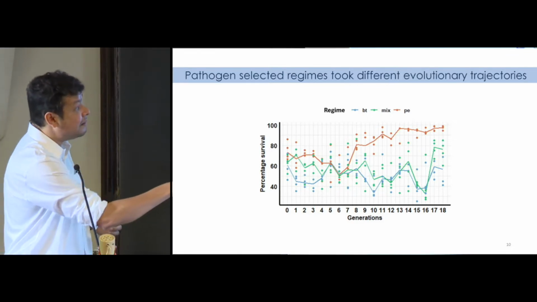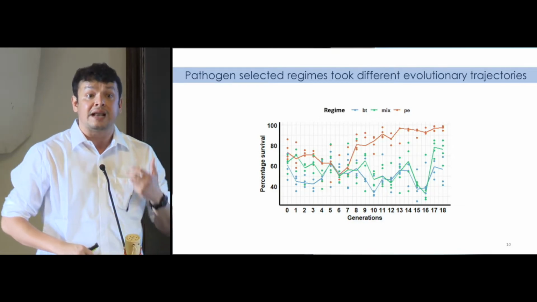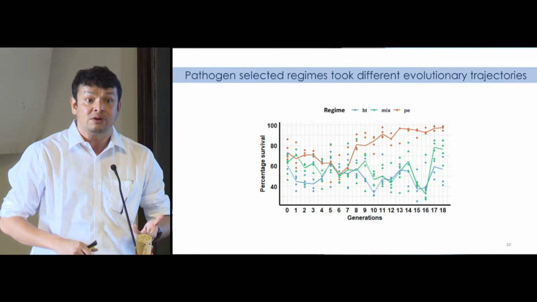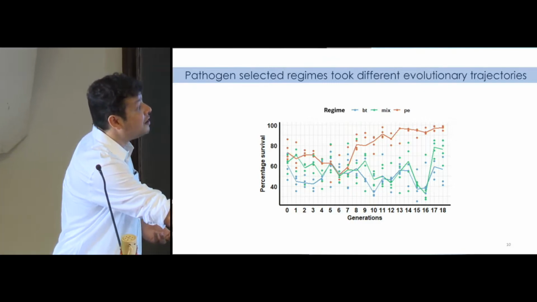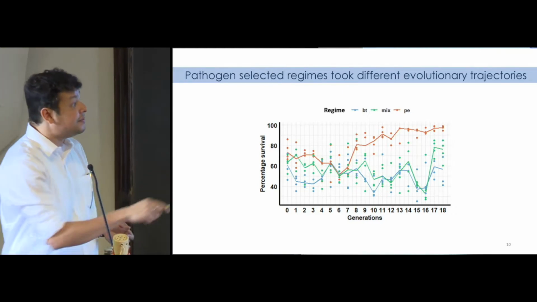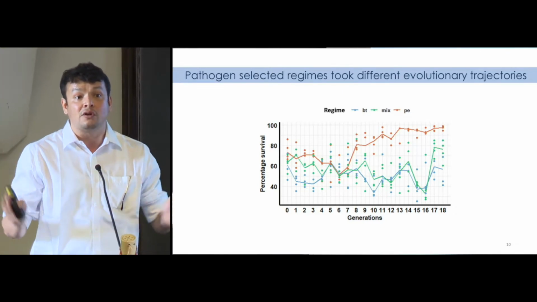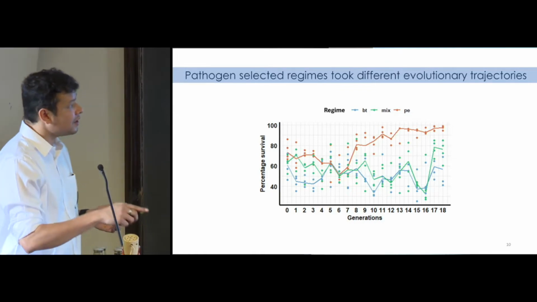This is an interesting part, because we deal with multiple infections quite a lot in the natural world. It looks like how our immune system evolves against a mixed infection can be fairly different from how it would evolve against a single pathogen, right?